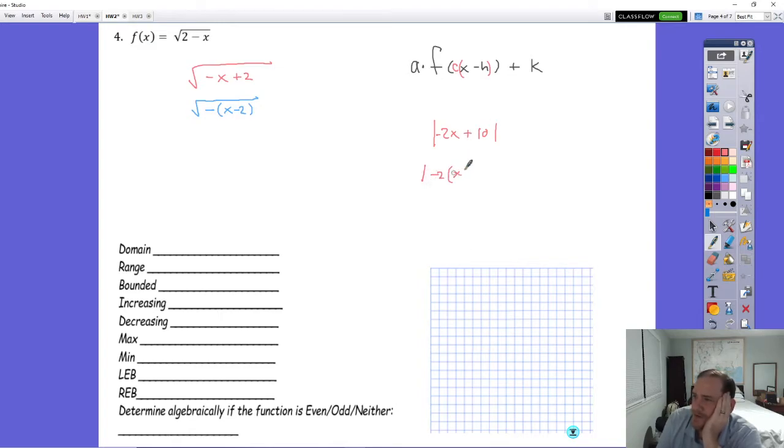Then you can answer questions about the translation with your new number, which would be 5. So we don't actually translate 10 units at all. Not when there's a 2 here. You got to factor that 2 out. We're translating 5 units. If that 2 is negative, then when you factor it out, it'll change the sign. So we're not going left, we're going right. So it's super important that that c value gets factored out before you make any decisions about your translations.